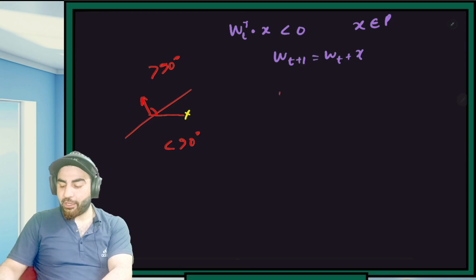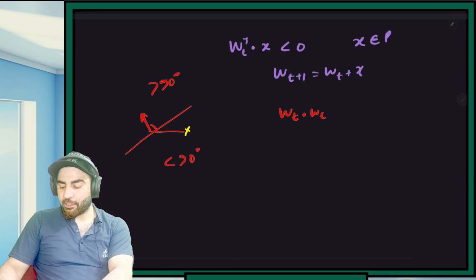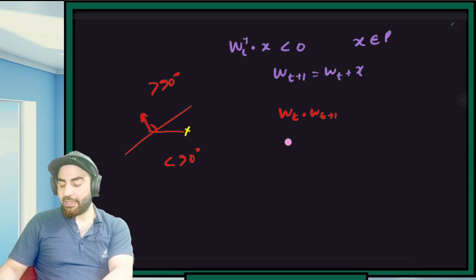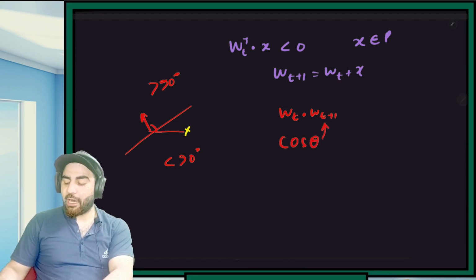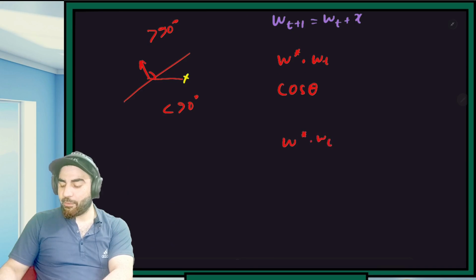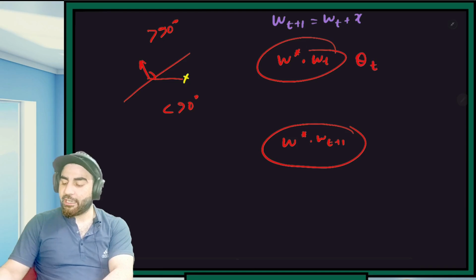So if I write w transpose dot wt plus 1, I know by the cross product, if I compute cos of theta for this, and if I compute cos of theta initially, let's suppose w star is the optimal w, so w star dot wt plus 1, if I compute theta for both of these, let's call them theta t and theta t plus 1, you can easily compute that angle using the definition of the dot product, that will give cos theta.